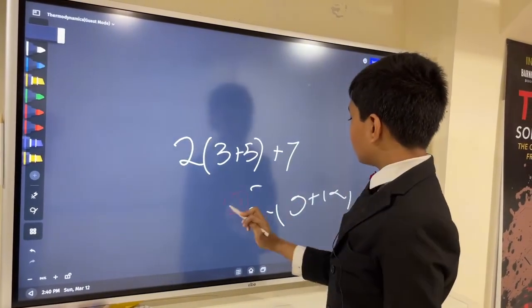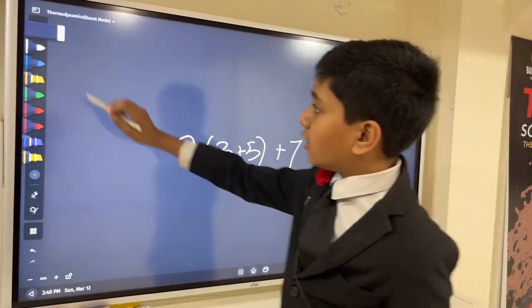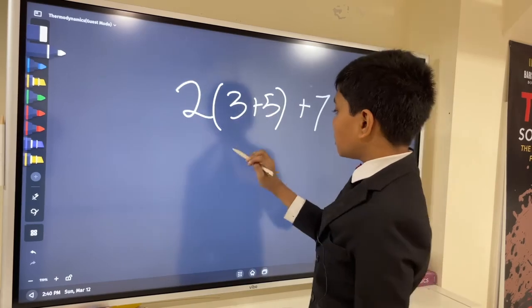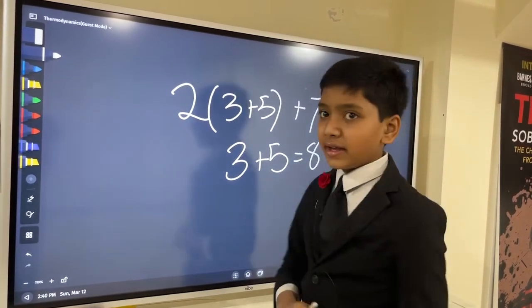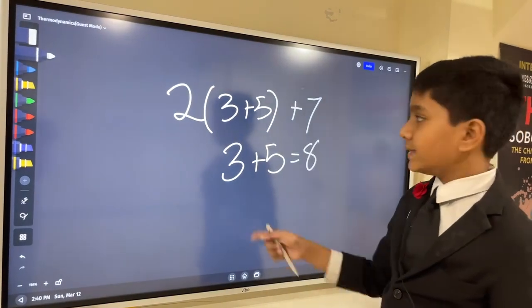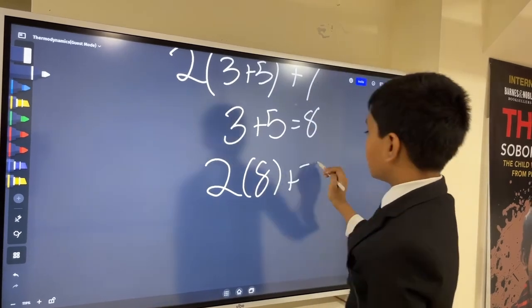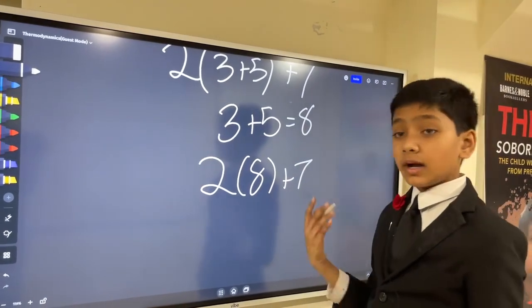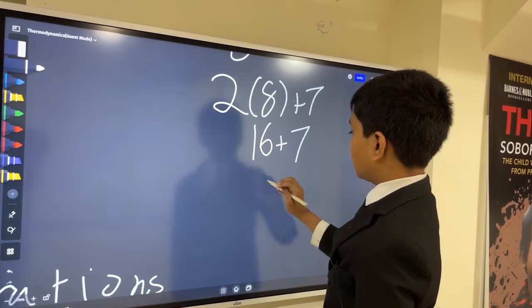What you would do would be to take the parentheses first, just look inside them, and then find the total of what's inside the parentheses. And then move on. Here we have 2 times 8. 2 times 8 is just 16. And then we know what to do.